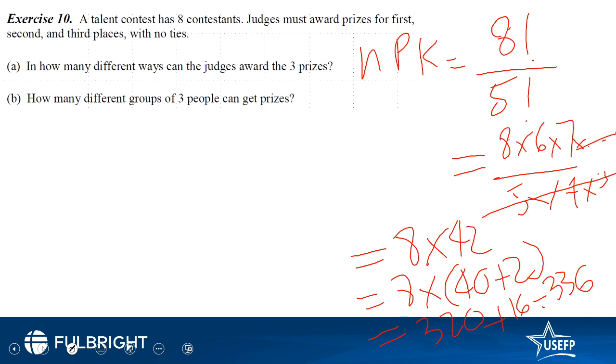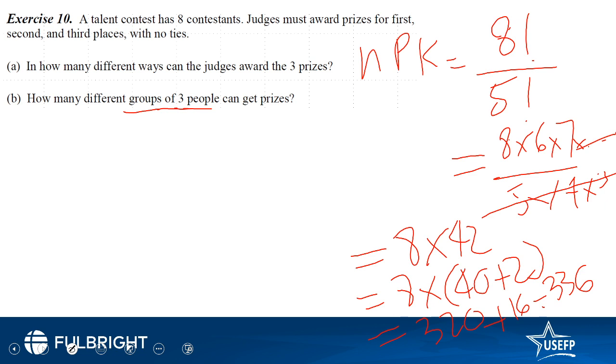In it, the order was important. Who came first, who came second was important. Now part B. How many different ways can a group of 3 people get prizes? Now they're asking how many ways the group can be chosen. It doesn't matter if the 3 people get selected and they switch places.